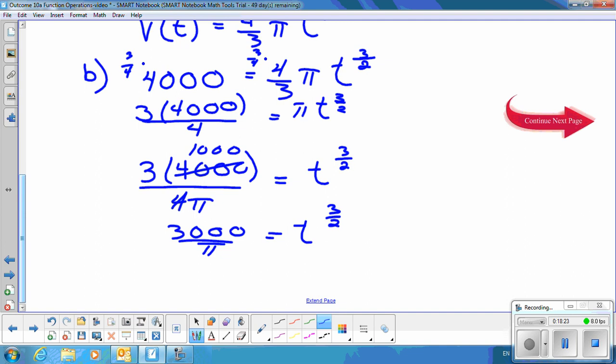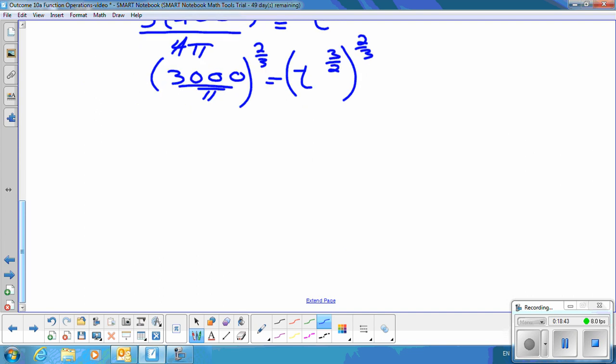If that exponent was 1/2, I would square both sides to get t by itself. So this time, I need to raise both sides to the reciprocal power. So I'm going to raise both sides to the power of 2/3.